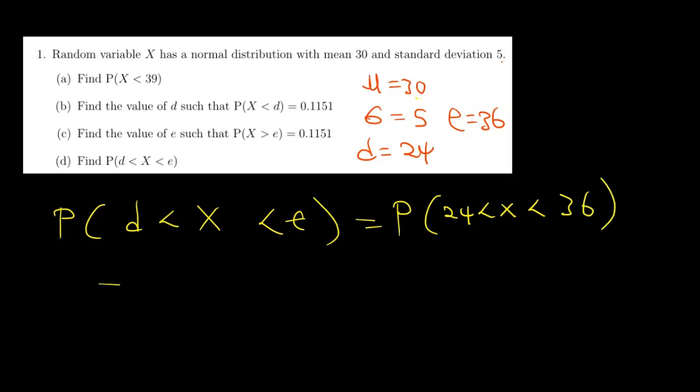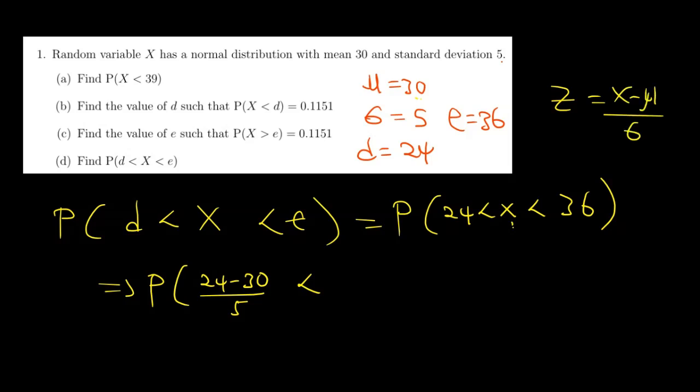So it will be P of 24 minus 30 divided by 5 less than z less than 36 minus 30 divided by 5, and we're just going to end up with what we had.